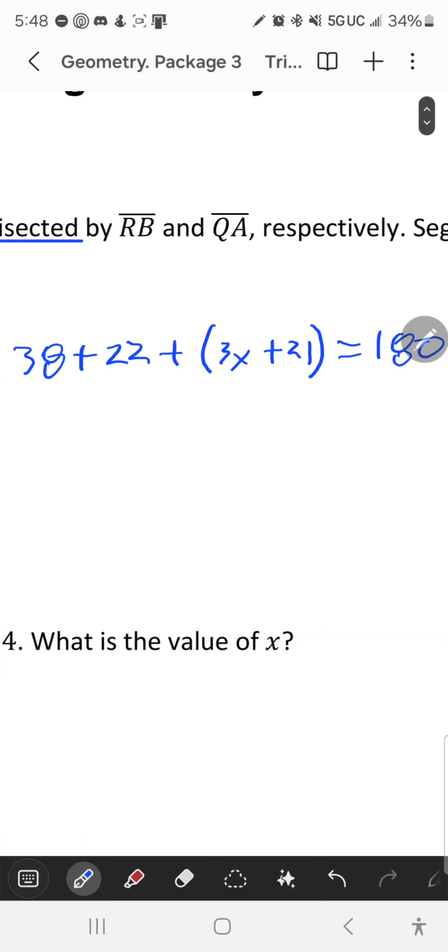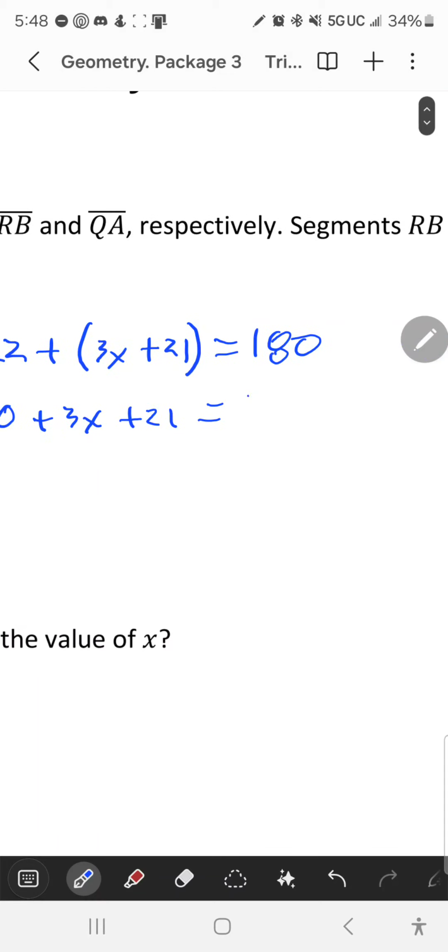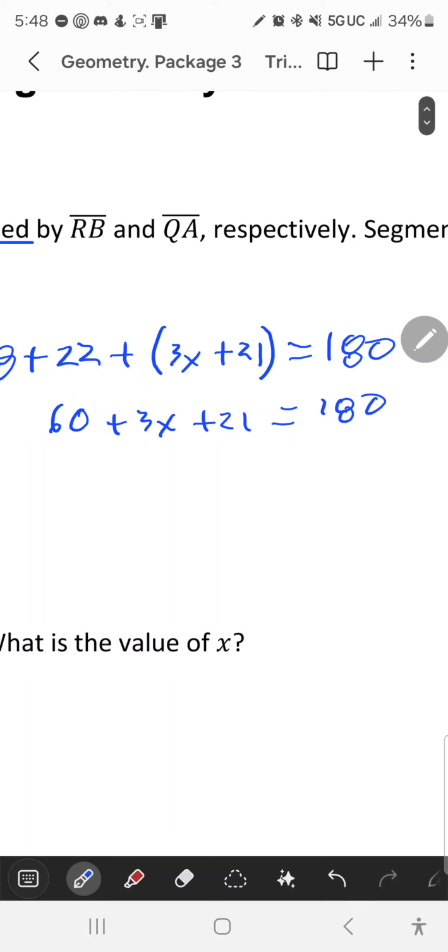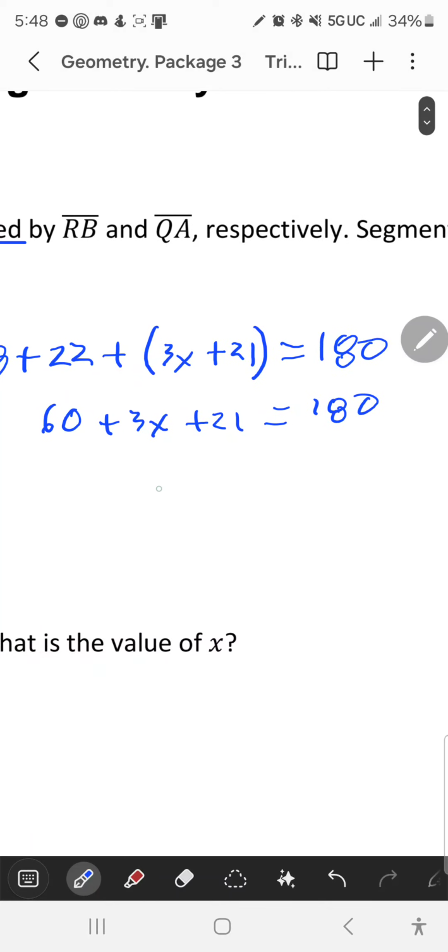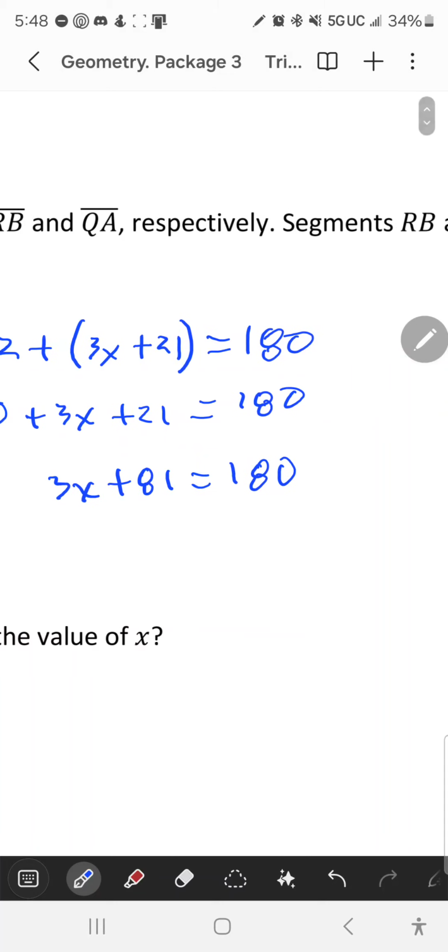So 38 plus 22 is 60, plus 3x plus 21 equals 180. 60 plus 21 is 81, so 3x plus 81 equals 180.